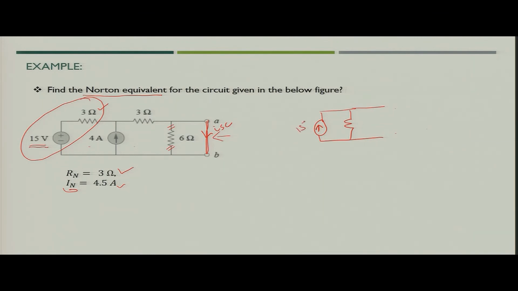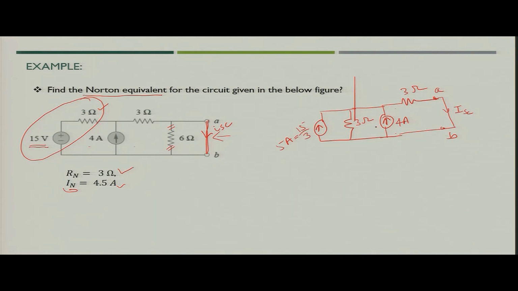The current source value would be 15 by 3, that is nothing but 5 ampere, in parallel with a resistance whose value would be 3 ohm. Now, you have the given current source and another 3 ohm resistance, and then you have terminal A B, and this is the short circuit current.